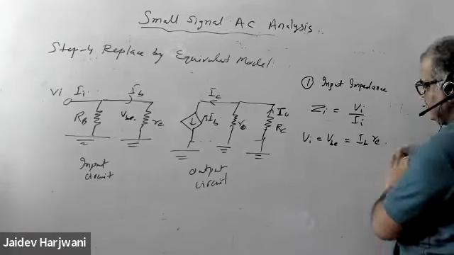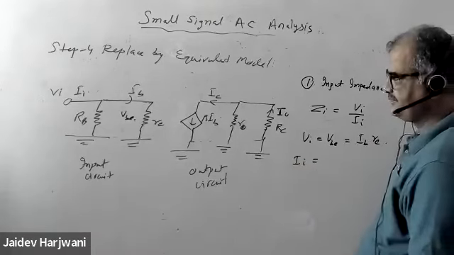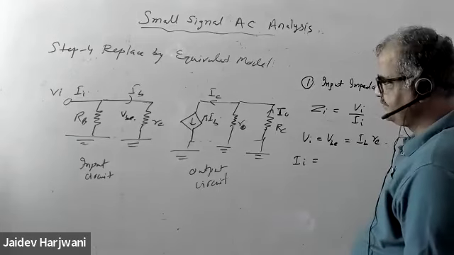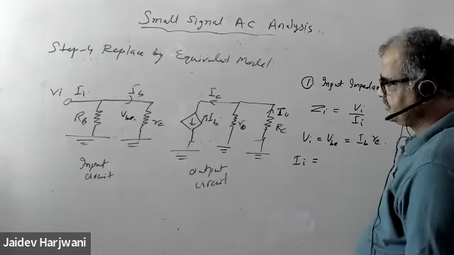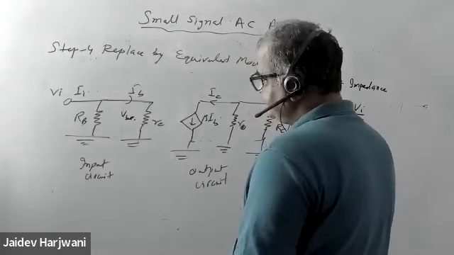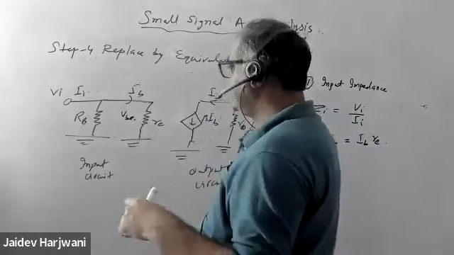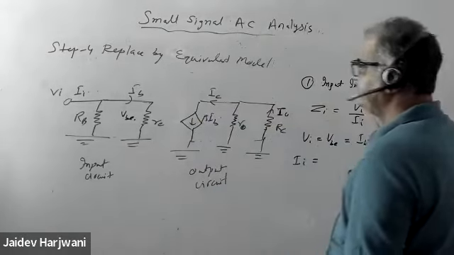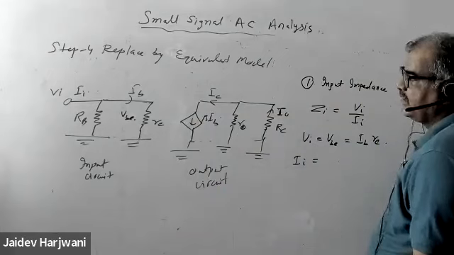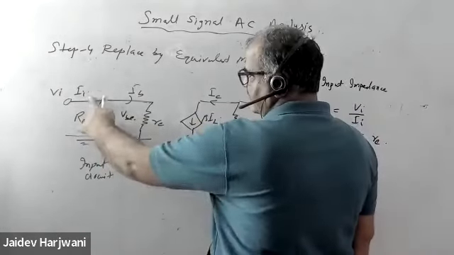And I input, what is I input? How can I find I input? So IB plus the current that will flow through resistance RB, VI upon RB plus IB. Total current is IE, and the current is going here.